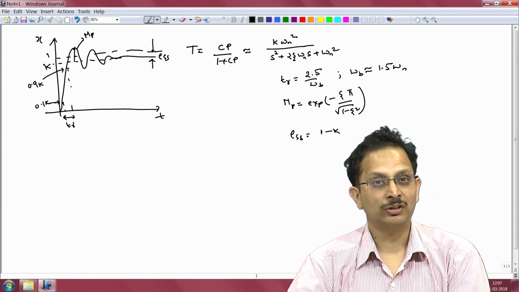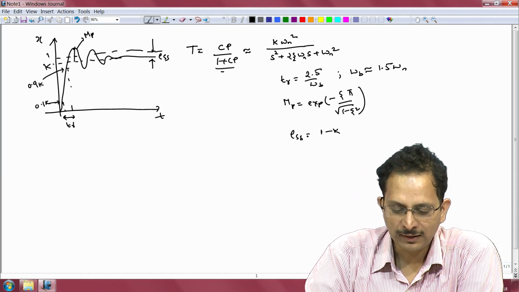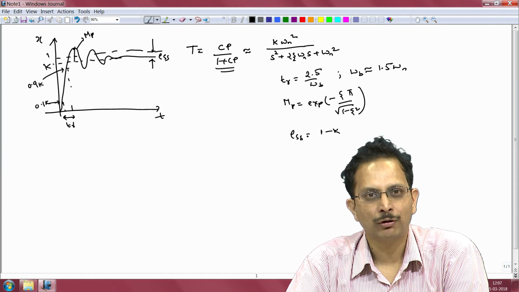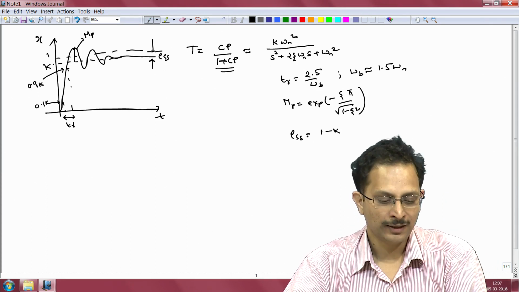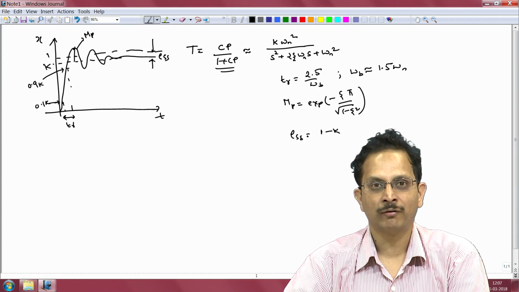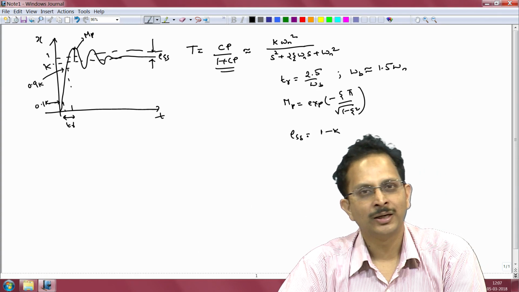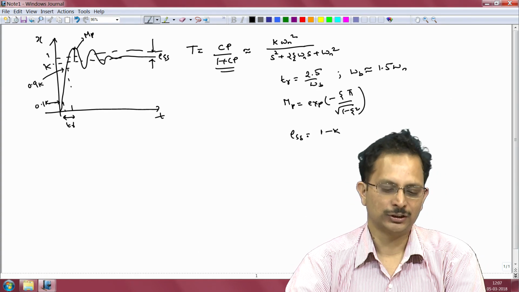Indeed, the controller is the one that has to give us these specifications. So, our transfer function T, which is equal to CP by 1 plus CP, is as yet undesigned, but yet we have to somehow come up with performance specifications in the closed loop frequency domain that give us these particular closed loop time domain specifications.